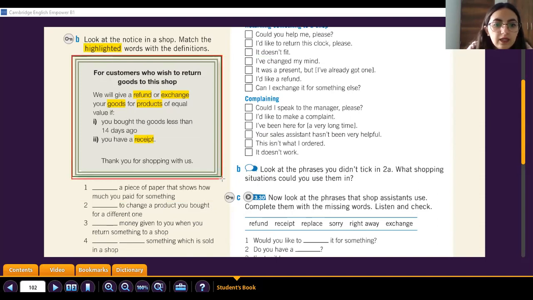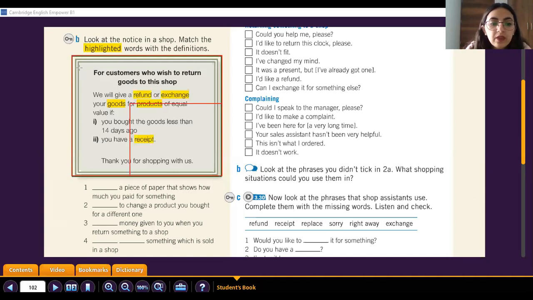Here we have a red chart, okay? And inside this chart, we have some words highlighted. We have 5 words highlighted. What are we going to do? I'm going to read the meaning of these words, and you're going to help me matching which word has this meaning.